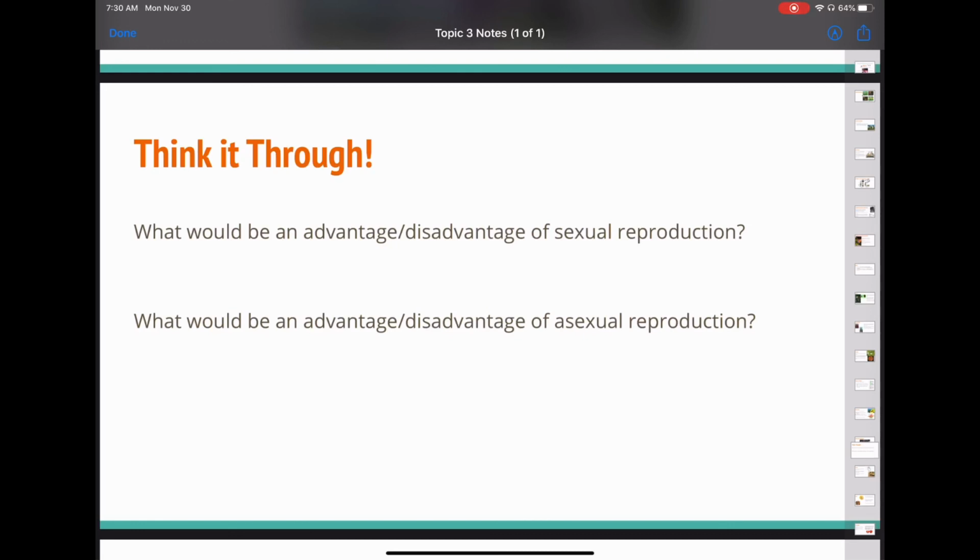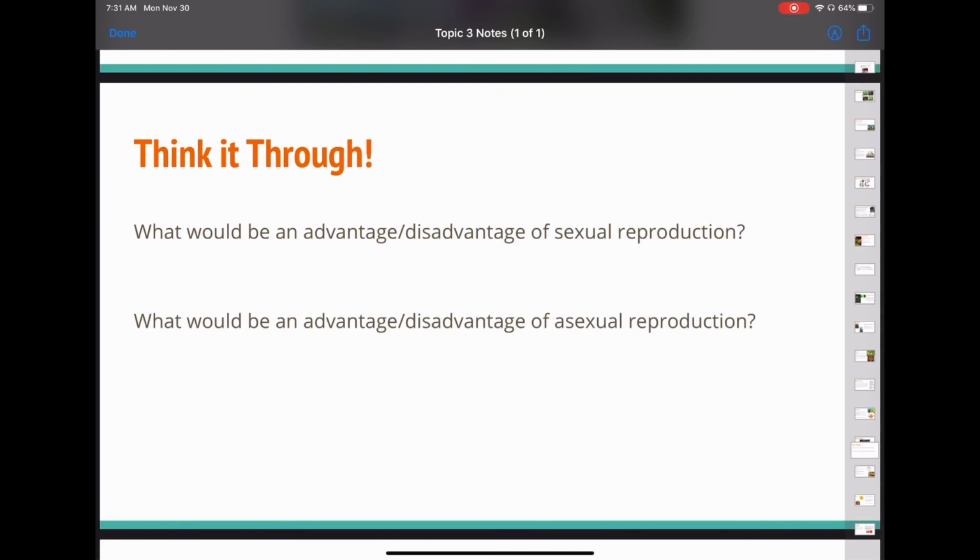Now, a disadvantage of sexual reproduction is that it's very slow, especially compared to asexual reproduction. An advantage of asexual reproduction is that it's quick, and we also have control over exactly what we're going to get. If you have a really desirable, good plant that you want an exact copy of, if you reproduce it asexually, you get that exact copy, and you can continue to do so over and over.